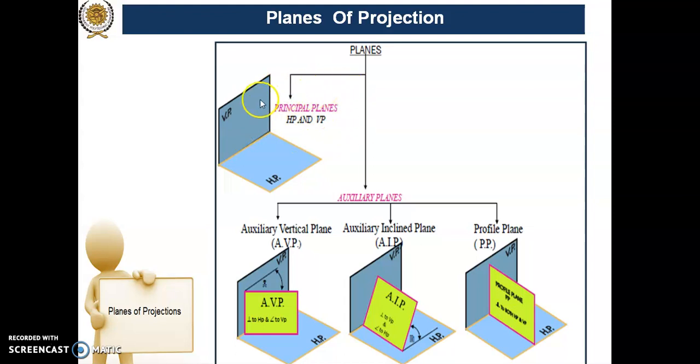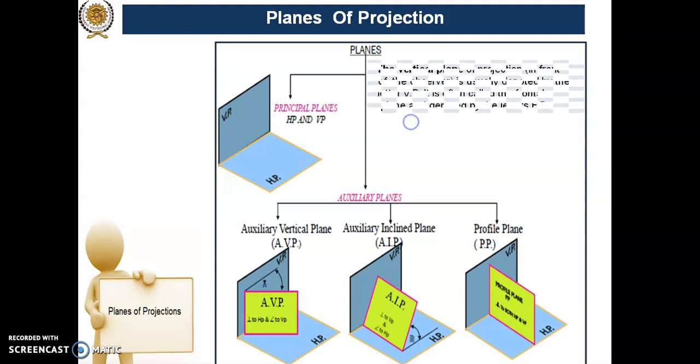In principal planes we have seen these two planes, and in auxiliary planes we have three different types: the auxiliary vertical plane, which is perpendicular to the horizontal plane and inclined to the vertical plane; the auxiliary inclined plane, which is inclined to the horizontal plane and perpendicular to the vertical plane; and the profile plane, which is perpendicular to both reference planes. So these are the different planes of projection used for drawing orthographic projections.